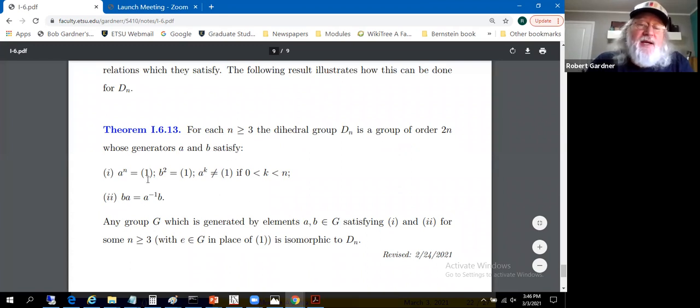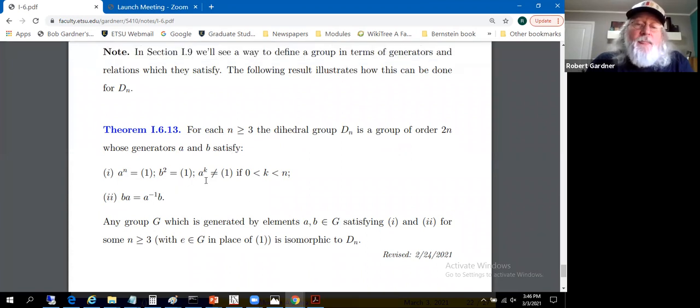A to the n is the identity, written in terms of a permutation here. B squared is the identity. B is its own inverse. A to the k doesn't equal the identity when you raise A to power k strictly between 0 and n. These first and third observations tell you A is an element of order n, by the way. So it gives you a cyclic subgroup of order n, in fact.